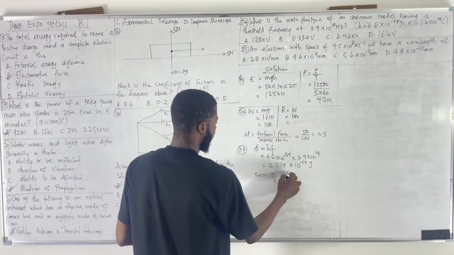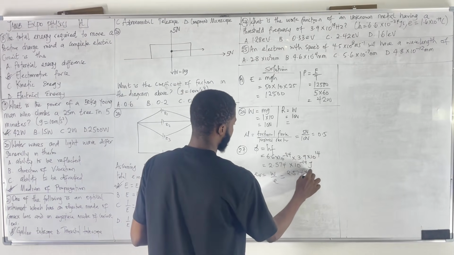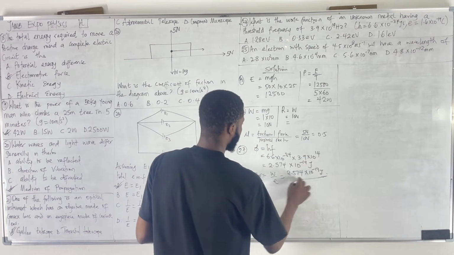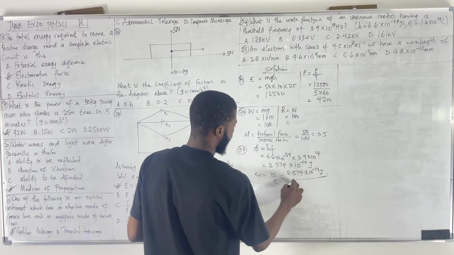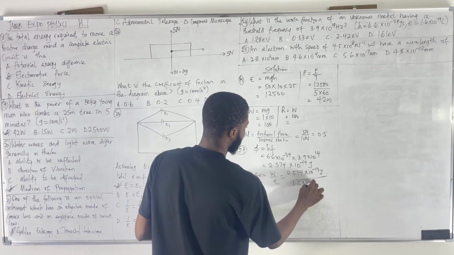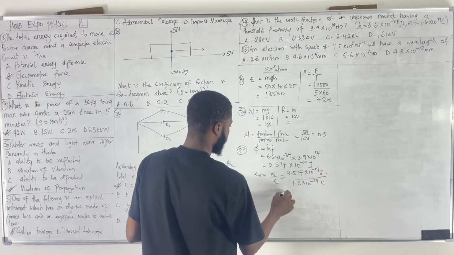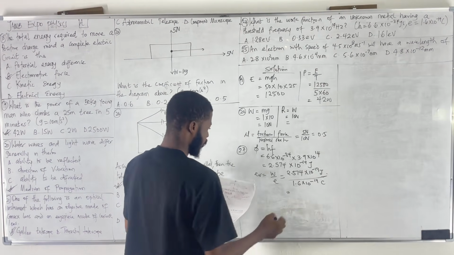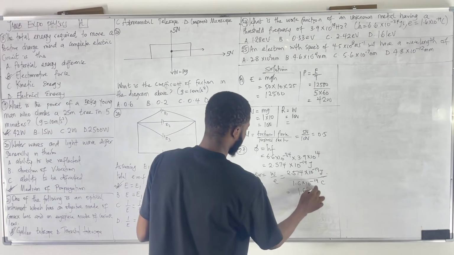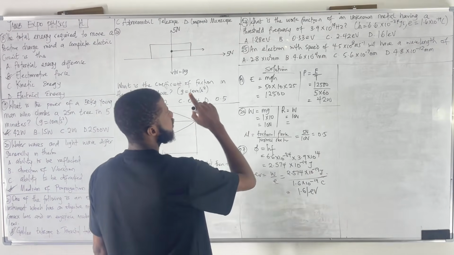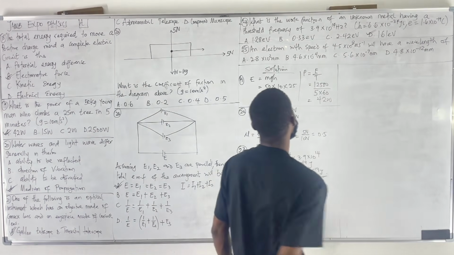So this means we're going to have 2.574 times 10 to the negative 19 joule divided by 1.6 times 10 to the negative 19 C. Now when you do this, you should get 1.61 electron volts. So that will be the answer. Yep, this will be the answer.